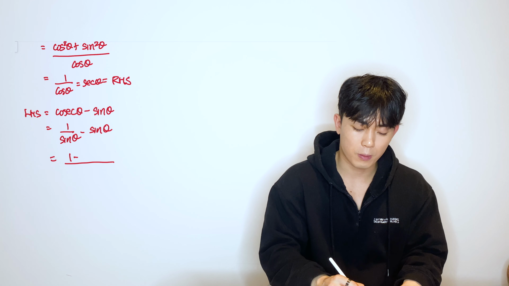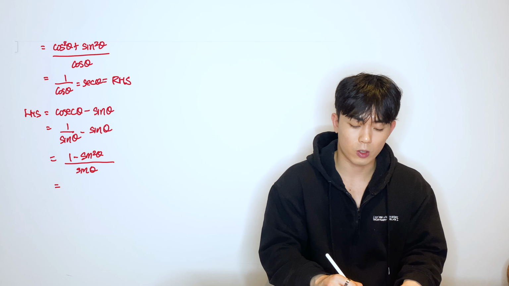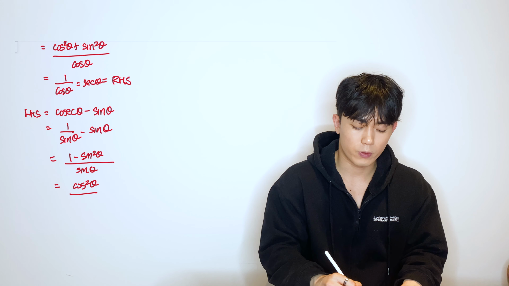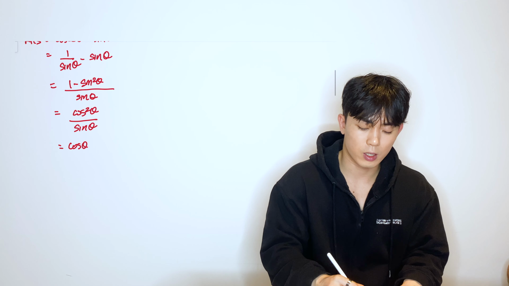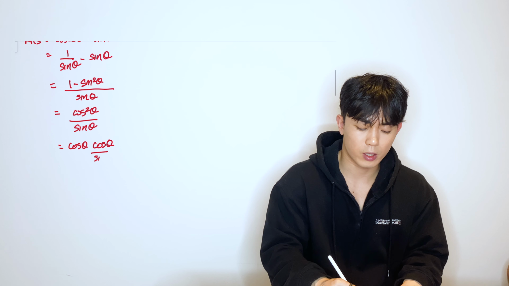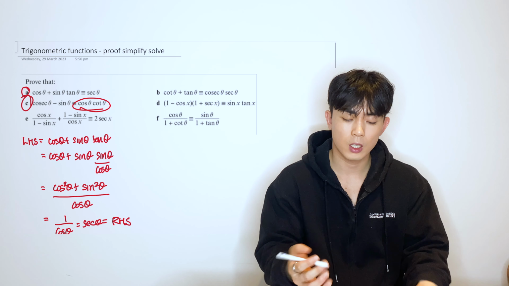So we're going to have 1 minus sine squared theta over sine theta, which, using the identity again, is just cos squared theta over sine theta, which is equal to cos theta times cos theta over sine theta, which is cos theta cot theta, which is what they wanted in the proof, as you can see. We can try one more.